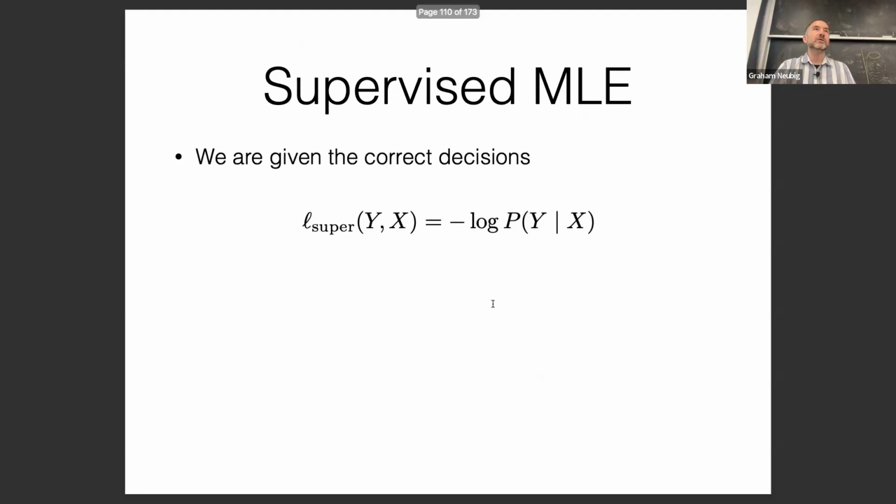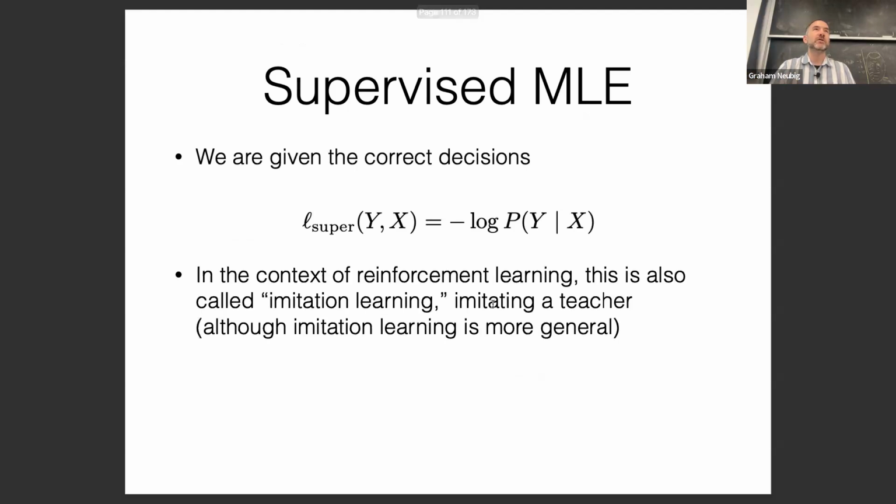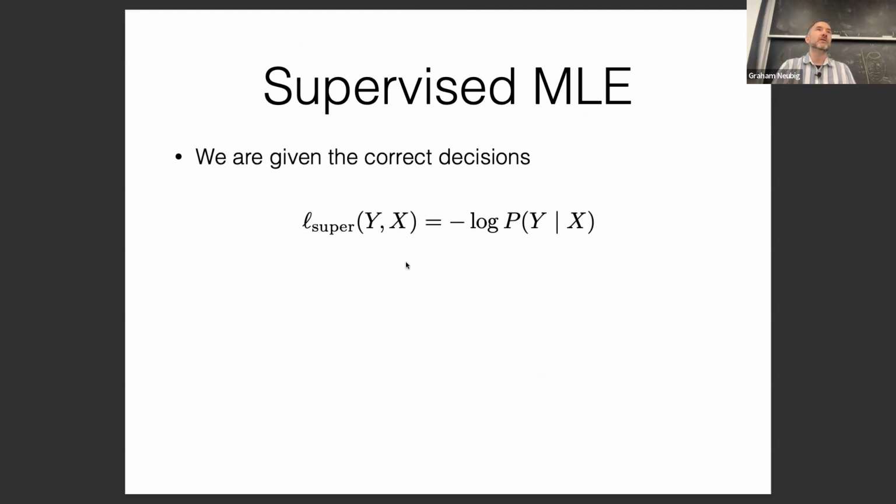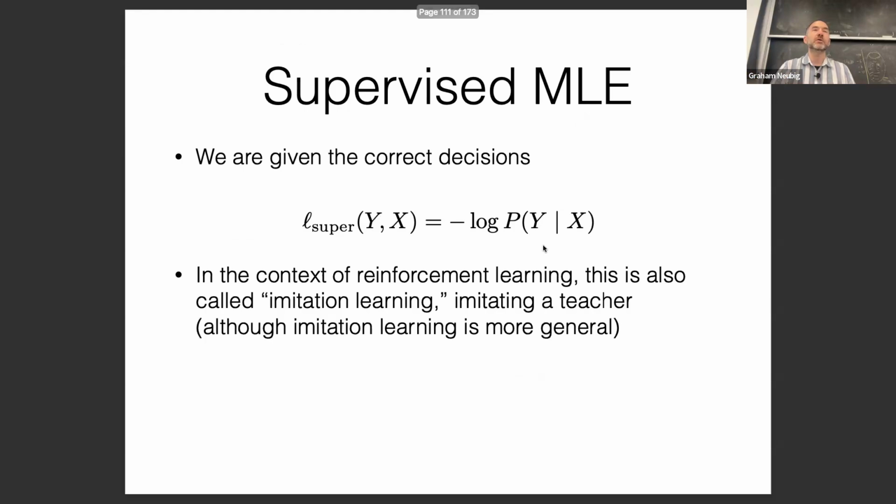So again, I'll go back to supervised maximum likelihood. This is where we have an input and an output, and we want to optimize the likelihood of the output. In the context of reinforcement learning, this is also called imitation learning. Imitation learning is any variety of thing where we're imitating a teacher, and we want to take the same actions that the teacher took, or somehow learn from the actions that our teacher gave us.